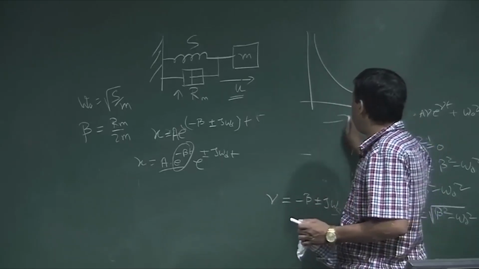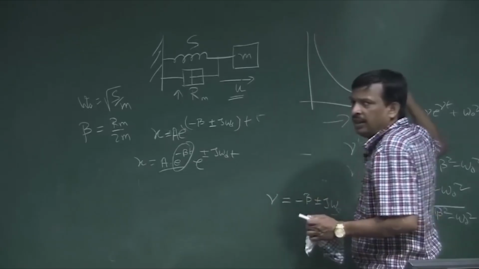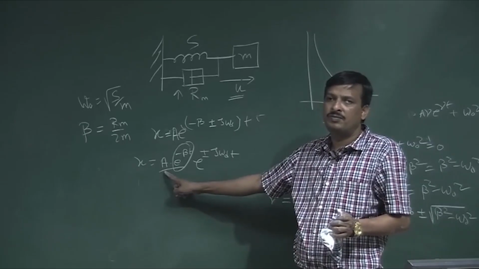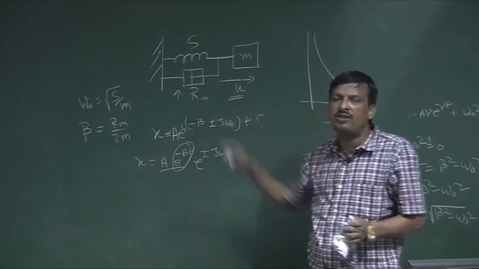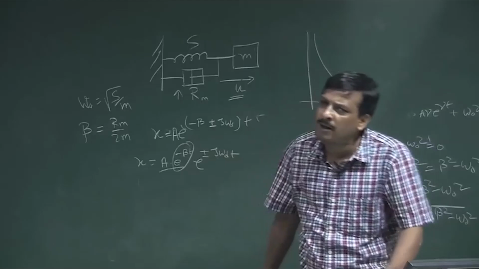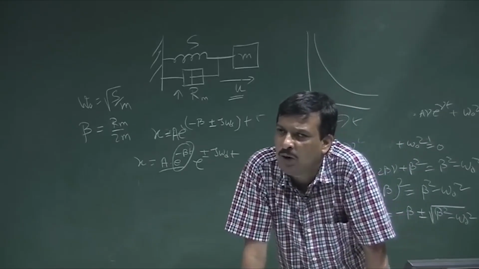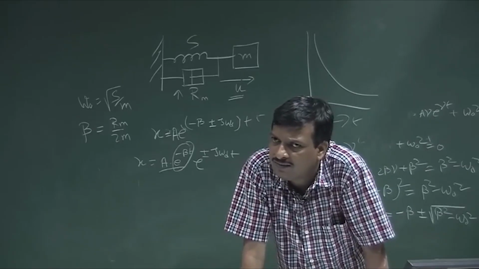So, if this is t, depending on the beta value, it will be gradually damping down. So, the amplitude will be reduced over time. The amplitude is not constant, that is why it is called damped oscillation. So, beta is nothing but a damping factor. Depending on beta, how quickly the amplitude will die down depends on that.